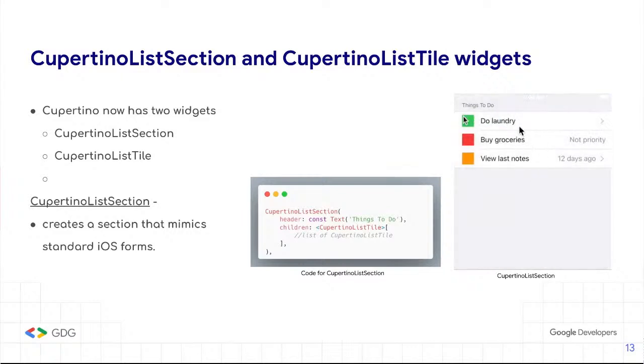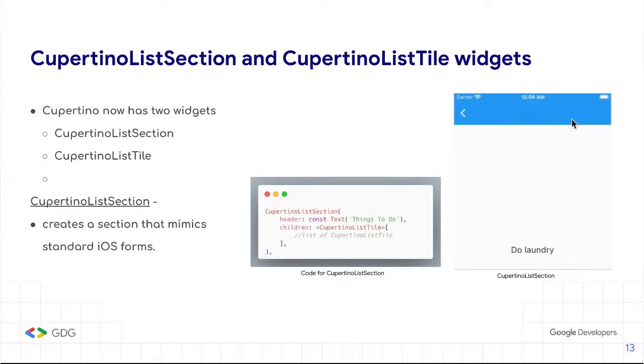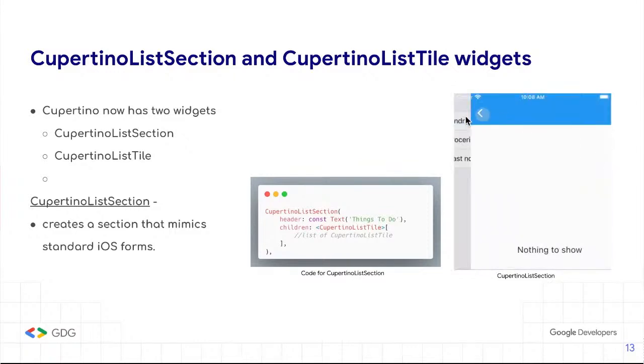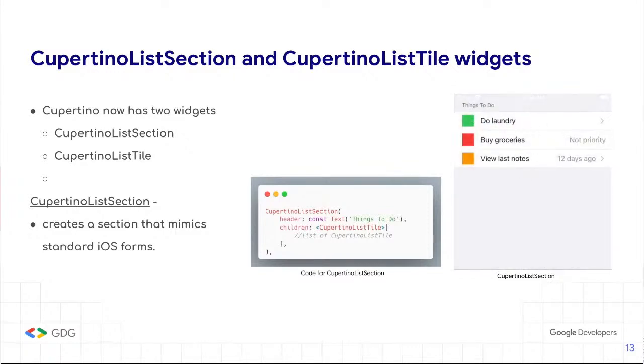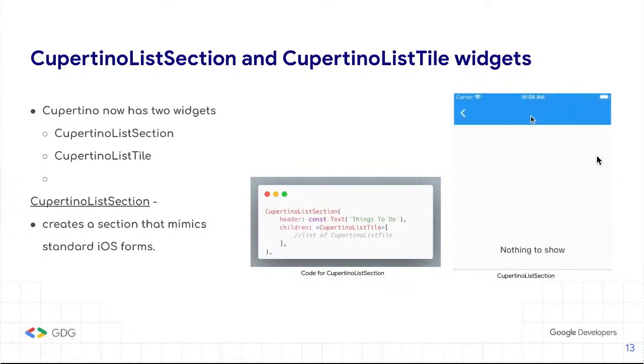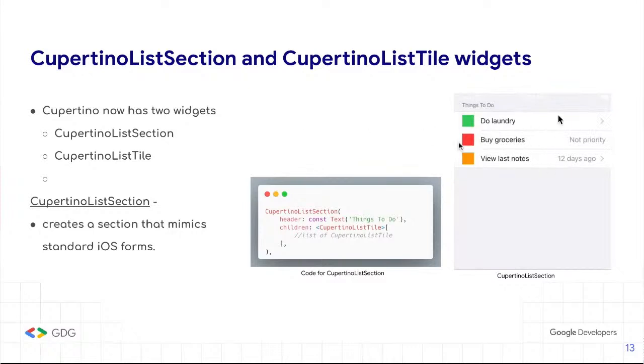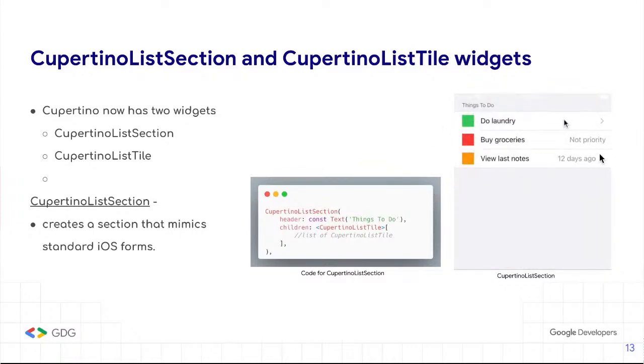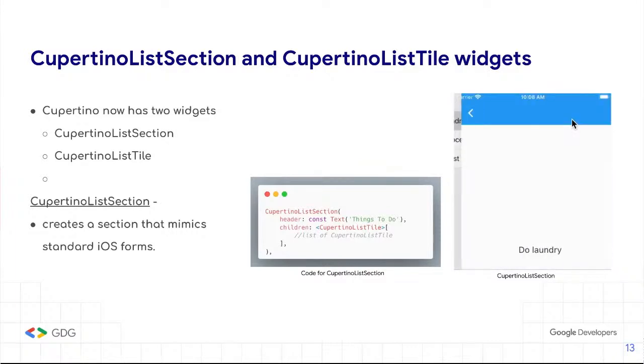We can now have the same in Flutter, which means you can almost copy the UI of an iOS app into Flutter now. CupertinoListSection is the one where you can build a list, and when you click on an item, it is going to have its own call to action.